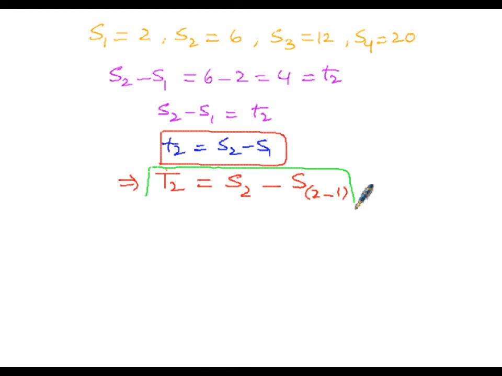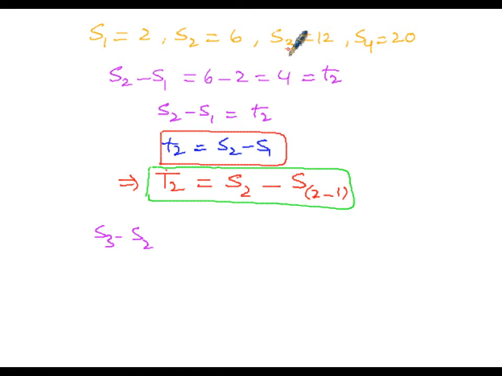Similarly, now let us subtract. We have subtracted 1 and 2, now 2 and 3. S2 minus S1 gave us T2.